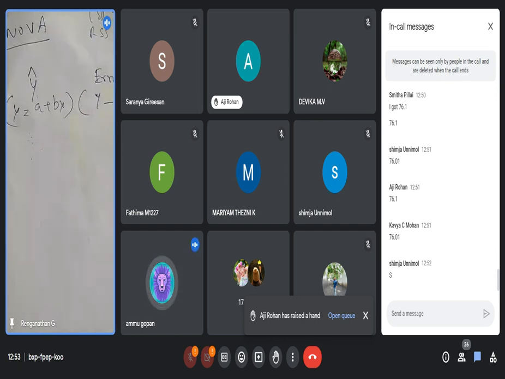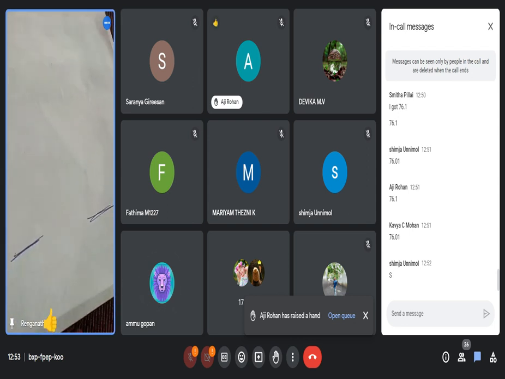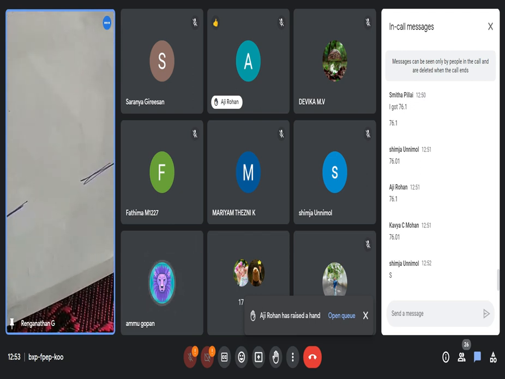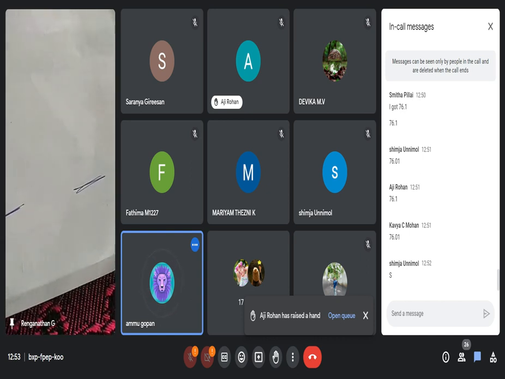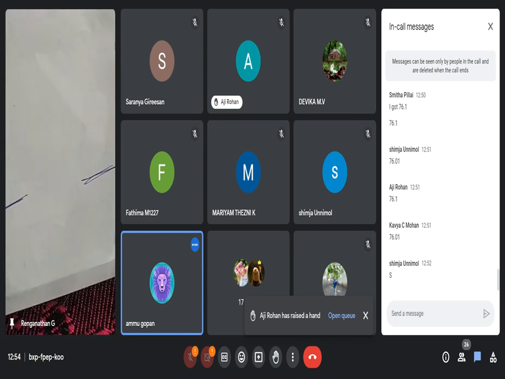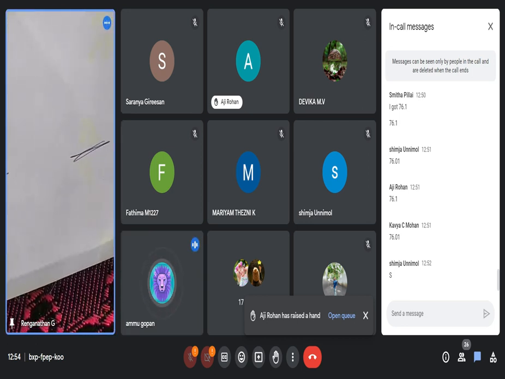Similarly, do the whole 10 items. Okay. Show me the total of that column.